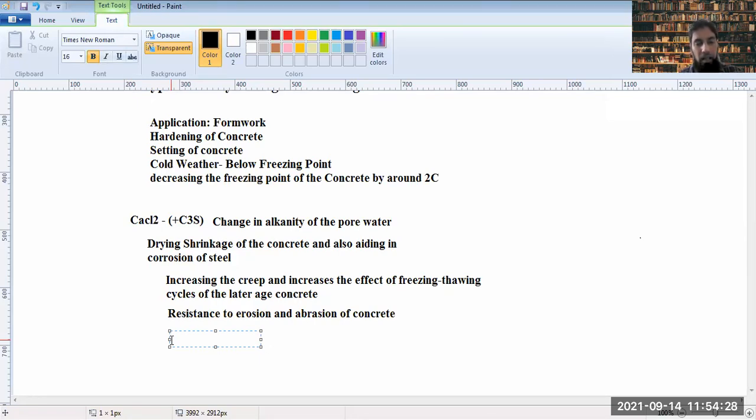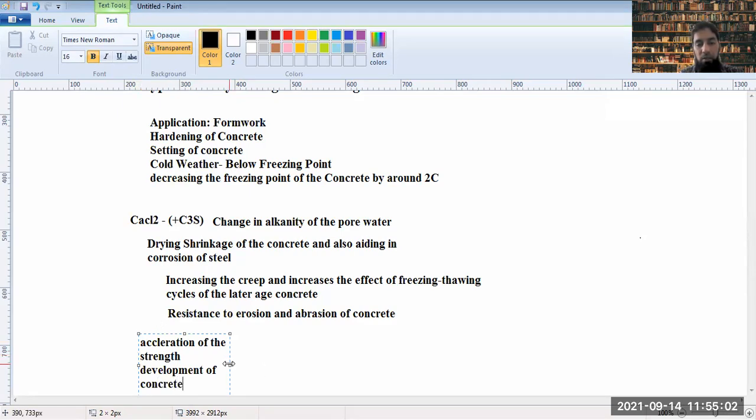Now, there are other compounds as well, like calcium nitrate or nitrites, calcium nitrites. They also aid in acceleration of the strength development of concrete.